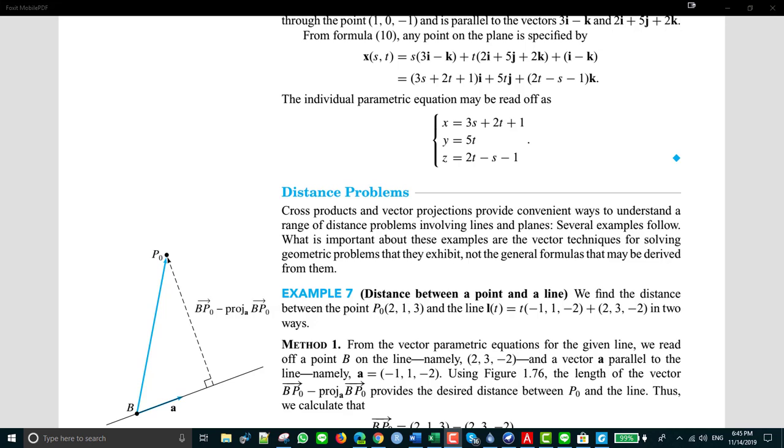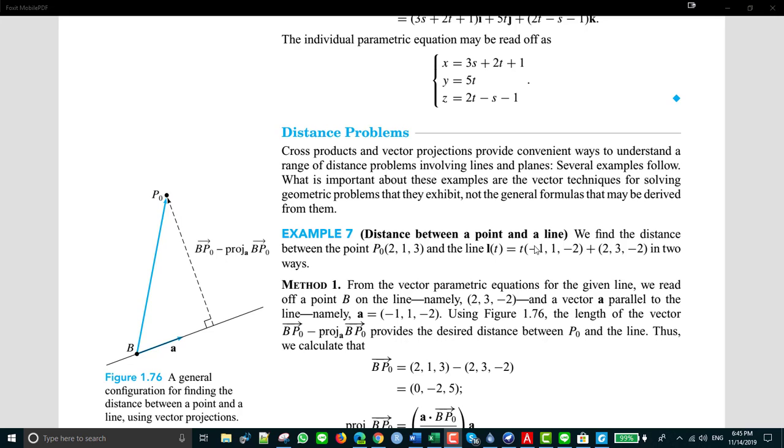So the emphasis here is on the fact that we're using vectors to solve these problems. Okay, so let's find the distance between a point and a line. We want to find the distance between this point and the line which is given with this vector parametric equation.